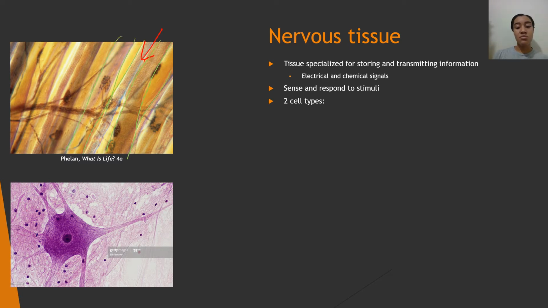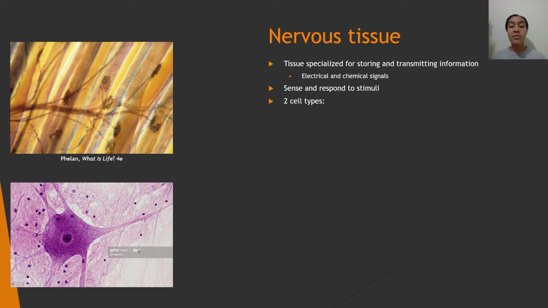And this branched material coming from the side is the neuron, the nervous tissue, and it's in direct contact with that skeletal muscle. So it can send chemical signals from the neuron to the skeletal muscle and cause that muscle to contract. That's how you get movement. The neurons sense the stimuli, and then they send that chemical signal to your muscle fibers to allow you to respond to that stimuli.